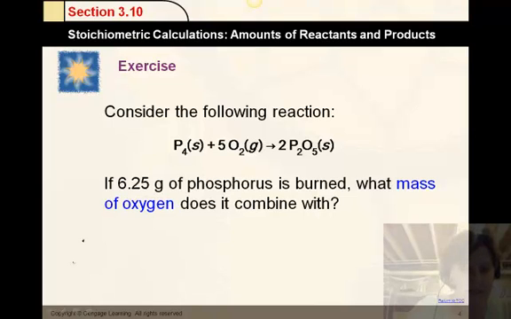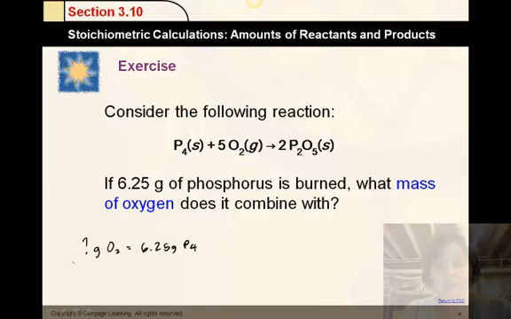What mass of oxygen, so how many grams of O2 are needed for 6.25 grams of P4? Notice the wording in the question says phosphorus, but if you look up at the question, it says P with a subscript 4.